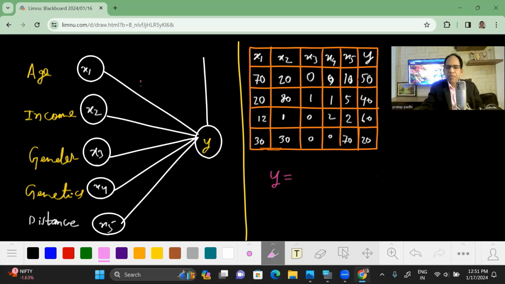Suppose this is B1, this is one weight, this is the first weight. We start with this, right? A is the bias, and then I will write B1 x1, B2 x2, B3 x3, B4 x4, B5 x5.